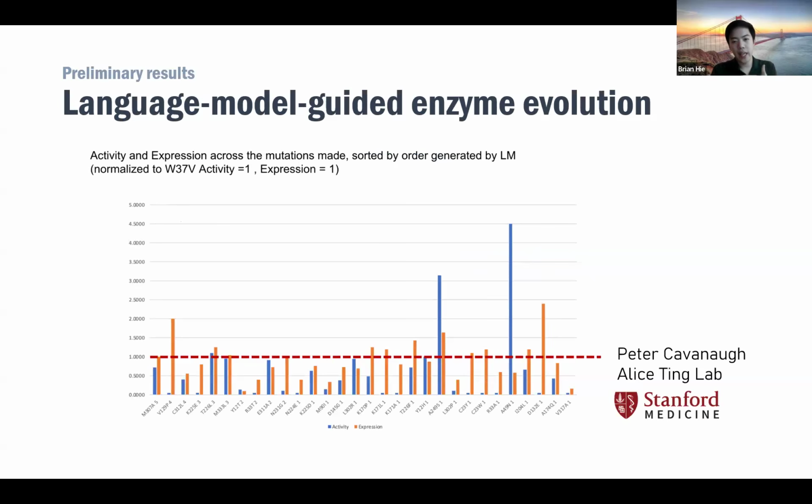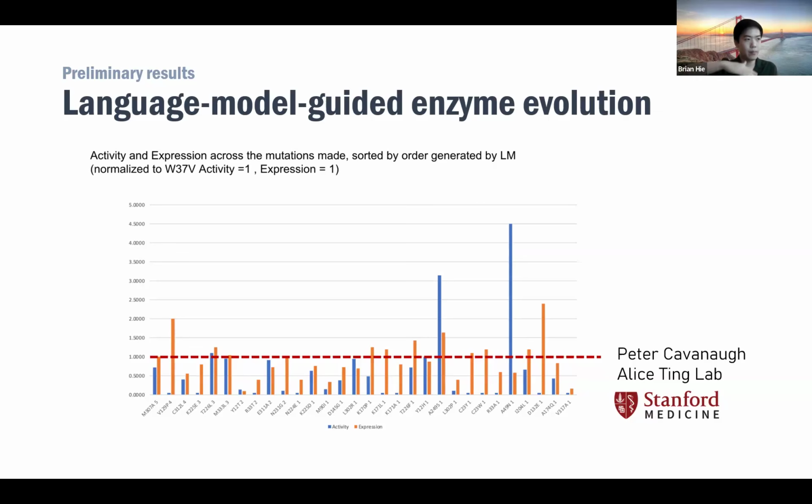So in theory, the same algorithms can be applied to other proteins, other scaffolds, other definitions of fitness as well. In this preliminary work from the Alice Ting lab at Stanford, who we closely collaborate with, a student, Peter, showed that, again in the tens of variants, of mutations to an enzyme, 2 of those improved catalytic activity of the enzyme.